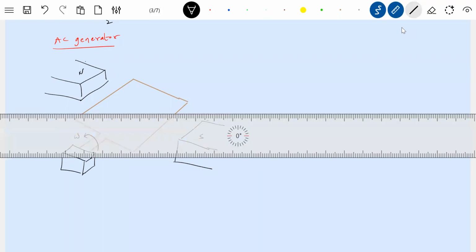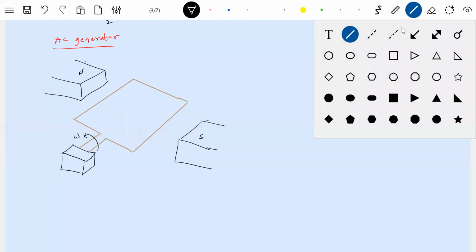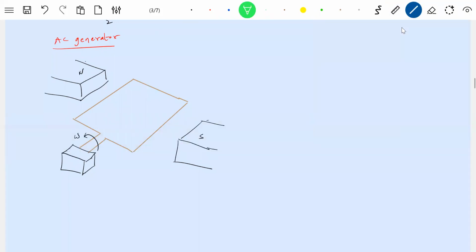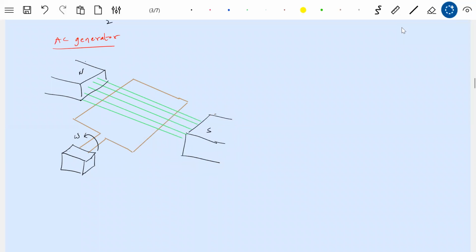These bar magnets will produce a uniform magnetic field. And there is a loop of N turns.